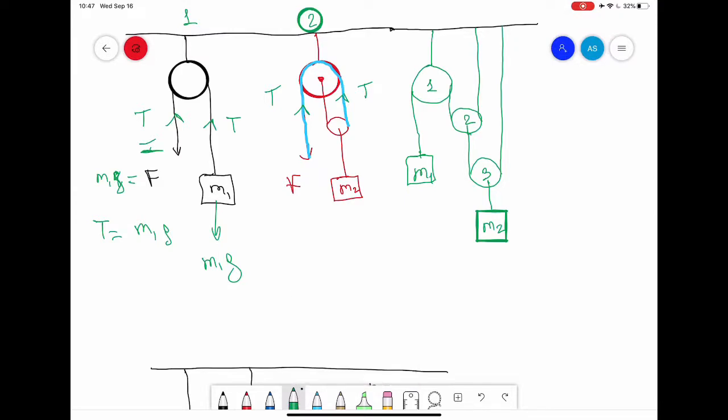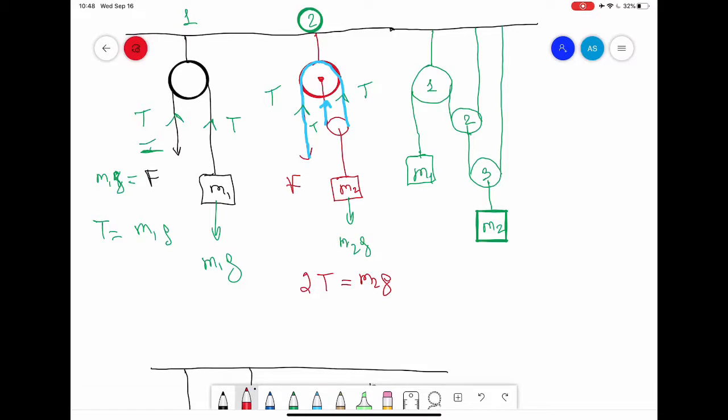We know this will be the same tension, which I call T. That means the weight of M2 will be M2G. Therefore, since we have two tensions on the smaller pulley, 2 tension is equal to M2G, okay? Because it has to be balanced.